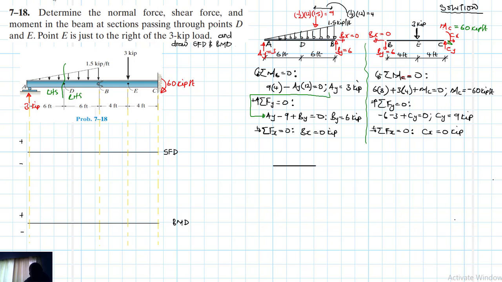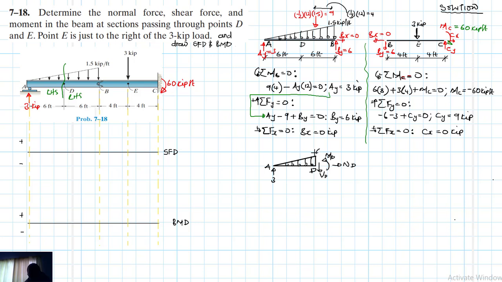So we'll have something like that, and then we'll have loading. Let's say our loading is something like this. Okay, so there we go. At A we have 3, and then this point is A, this point is D. Okay, we are going to have VD, we'll have MD, and then we'll have ND.